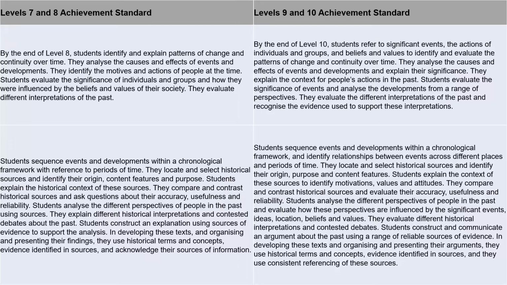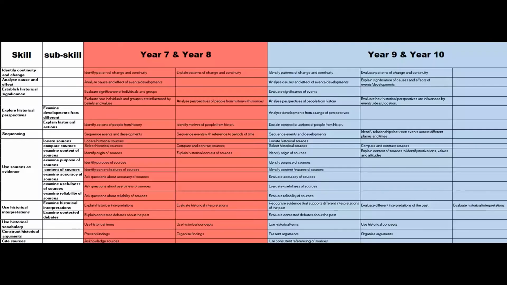One thing to note here is that these are massively wordy achievement standards. There's one short paragraph and one medium length paragraph, but if you actually take all of these long sentences and separate them out into the skills that they describe, you'll find that there's a lot. So I've taken those achievement standards and separated them out into different skills and sub-skills.